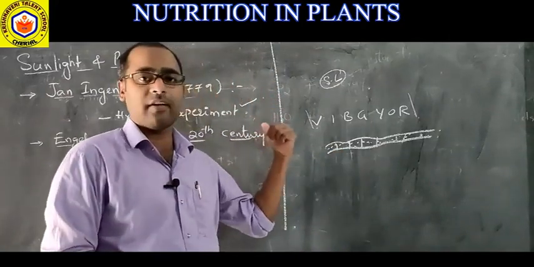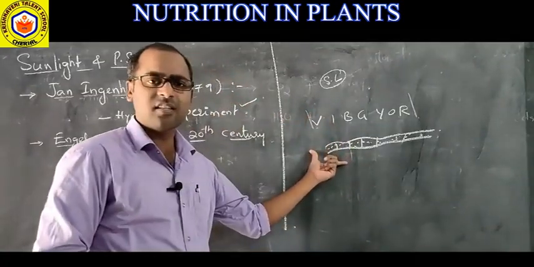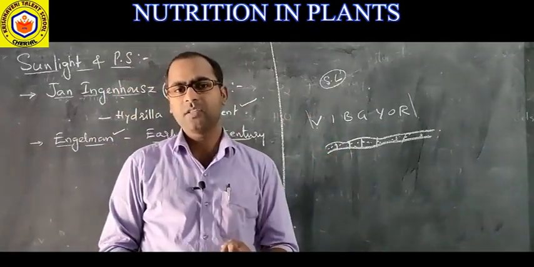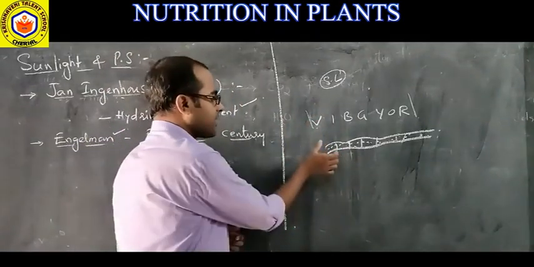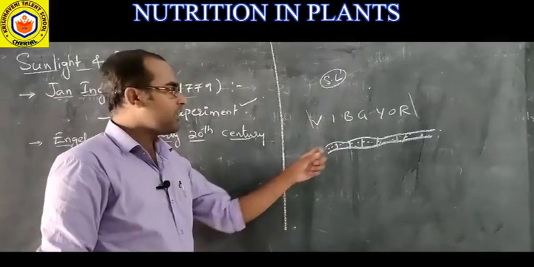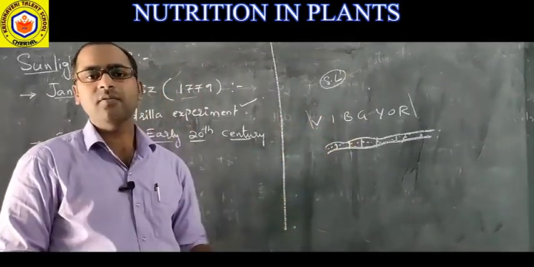He wanted to clarify that. That is why he took an algal strand. Algae is a photosynthetic organism, it performs photosynthesis. So he took the algal strand and exposed it to the 7 colors of the white light.